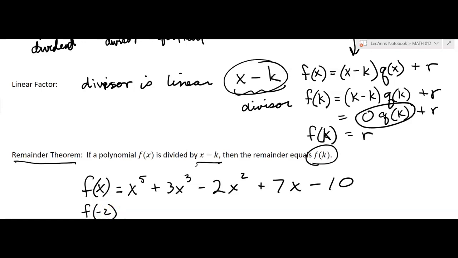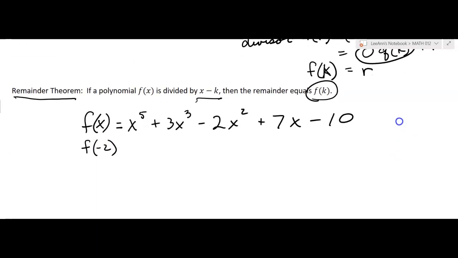Well, our old way of doing it might be to get a calculator out, figure out all those terms, or do it by hand. That would take a while. But now what we can do is divide by a linear factor. So make the linear factor x minus a -2. That would be your k, okay?